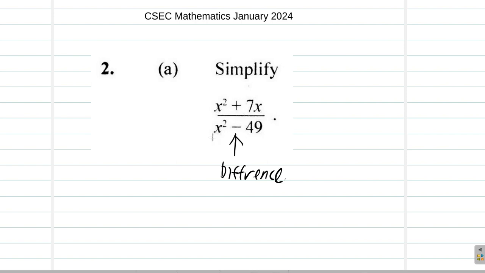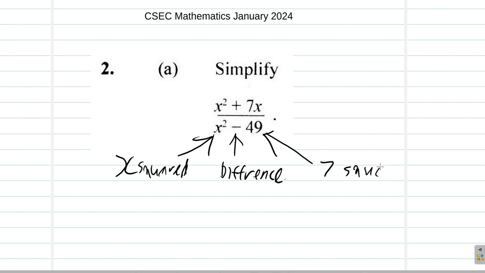This is x squared, that's one of the squares, and this is the other square. What squared gives that? 7. So it is the difference of two squares. So that is what happened.